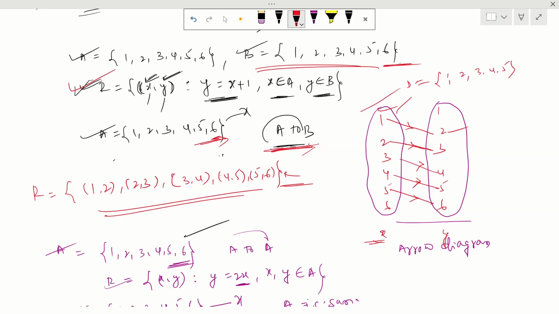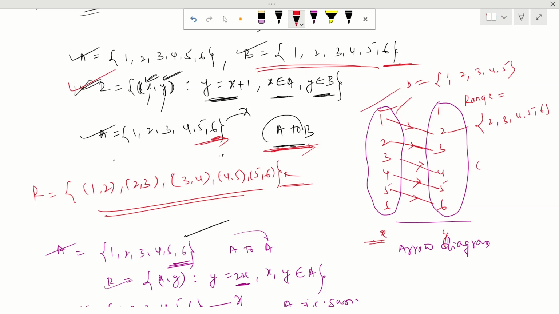Another term we will discuss is the range. Range means the set of all second elements which are matching to the first set. Which values are matching? Without 1, 2, 3, 4, 5, 6 are matching, so we write 2, 3, 4, 5, 6. Now you understood the domain and range.